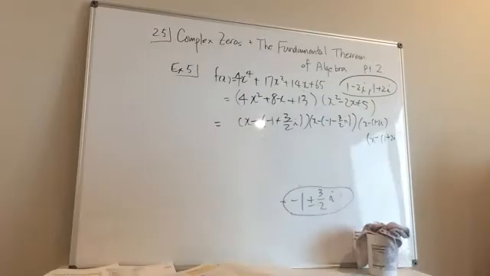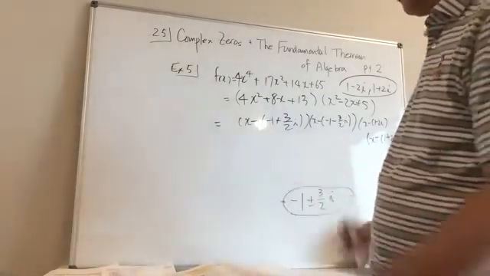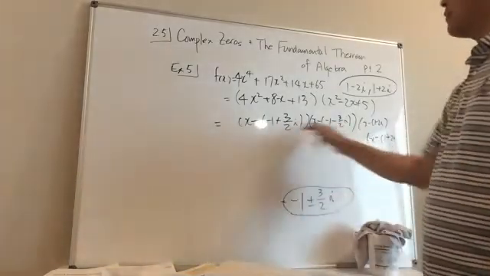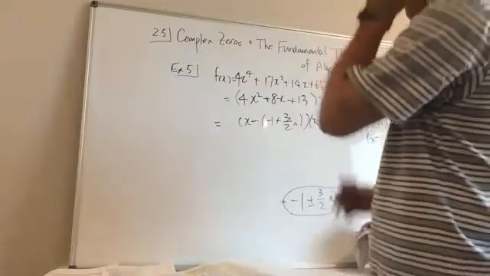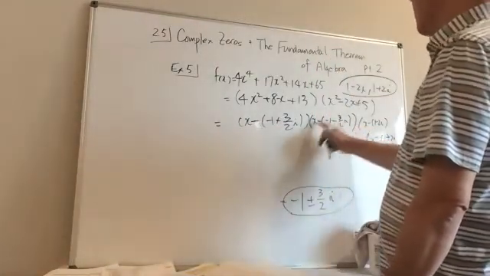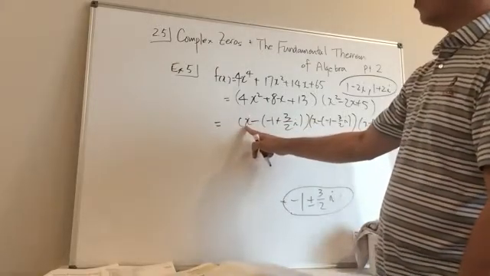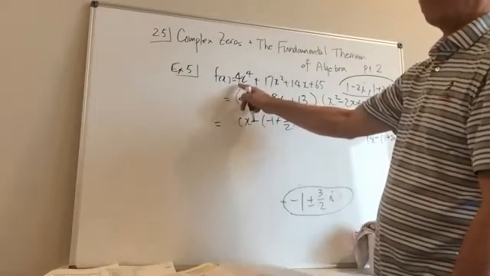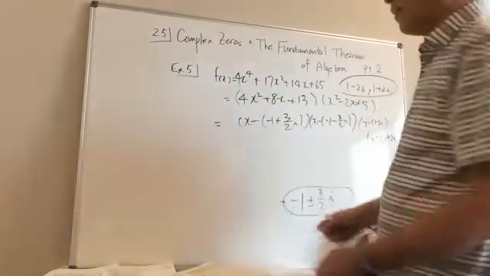Okay. Now, here's something that's fairly important. If I leave it at this, I am technically incorrect. Okay, the reason why I'm incorrect is because if I did this out, what do I get? I get this times this times this times this to get the x to the fourth terms, and it'll be just a 1, whereas it should be 4. So I'm missing the 4 here, okay?